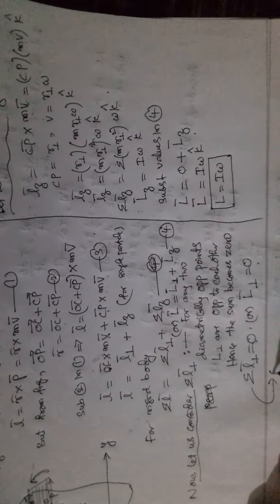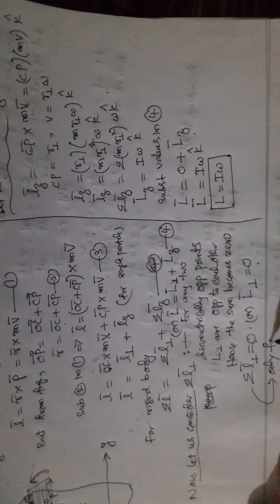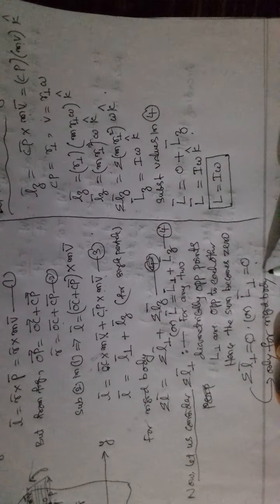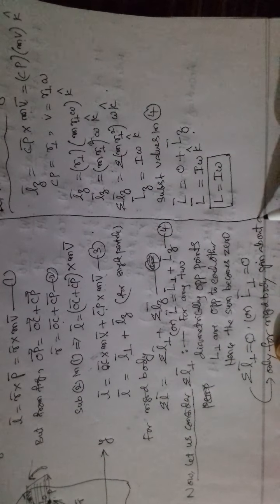But one thing we have to remember is that the summation of the L perpendicular components becomes 0 only for a rigid body that is symmetric about the axis of rotation.